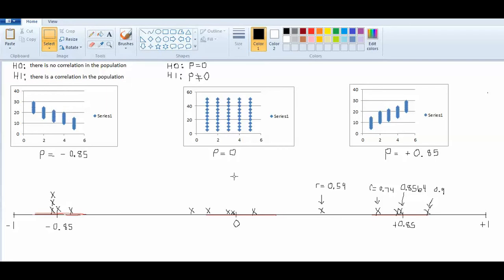So when you're taking a sample from a population, and you actually don't know what the entire population looks like, you're trying to decide between two competing possibilities. There's the possibility that there's no correlation in the population, like this, or there's the possibility that there is a correlation in the population, like this, or like this.